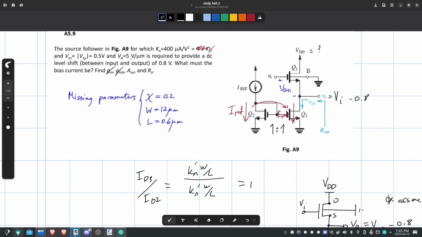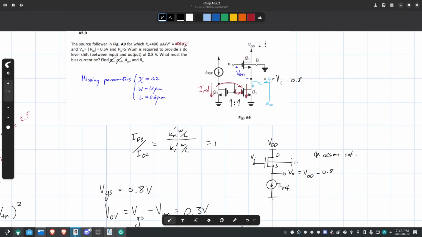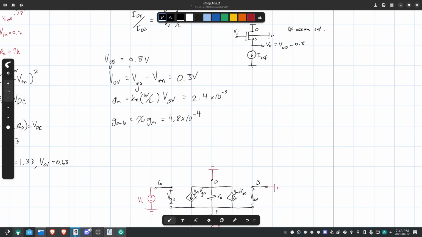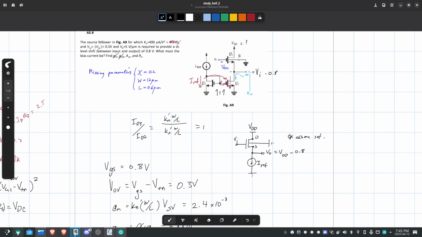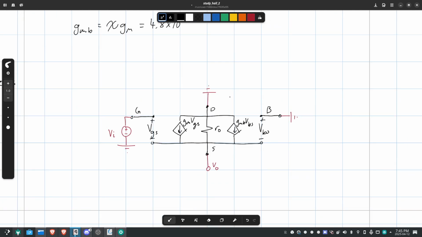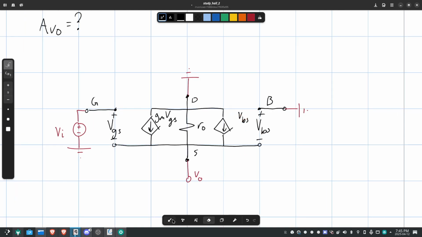So we know that. We know GMB. AVO. Okay. This one's interesting. So we're going to put this up like here. This is when we get into AC analysis. So AVO is equal to, well, you know this is going to be X GM.